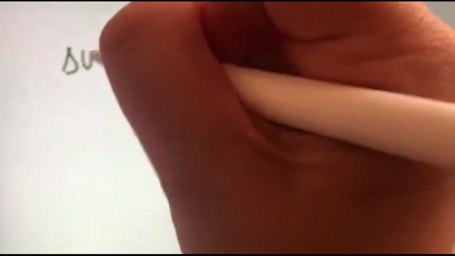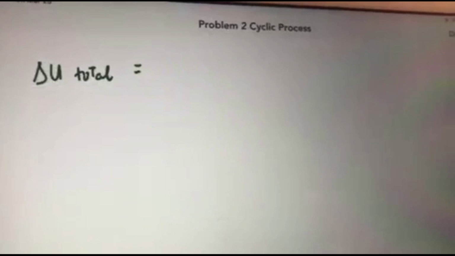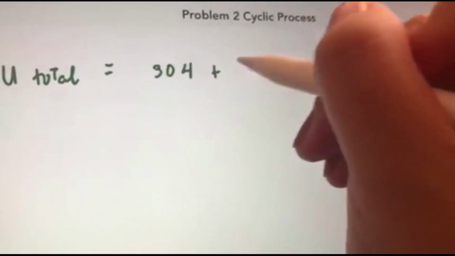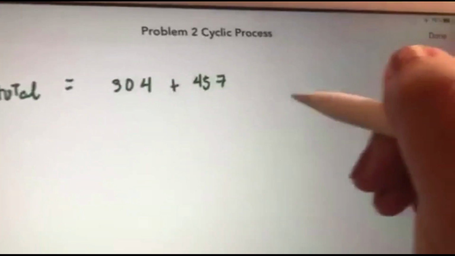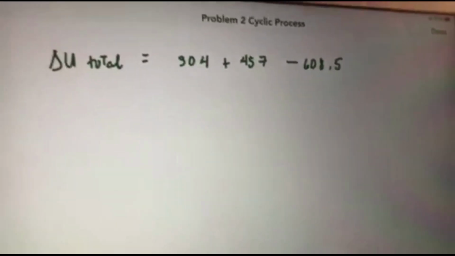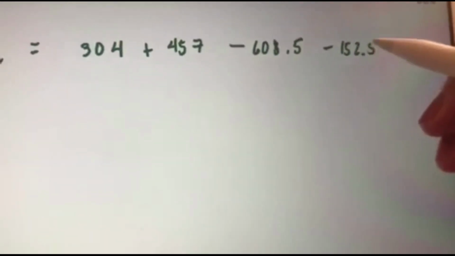Now, if we get delta U total, delta U total is the summation of internal energy changes from the four steps. Substituting, delta U total is equal to 304 plus 457 minus 608.5 minus 152.5.